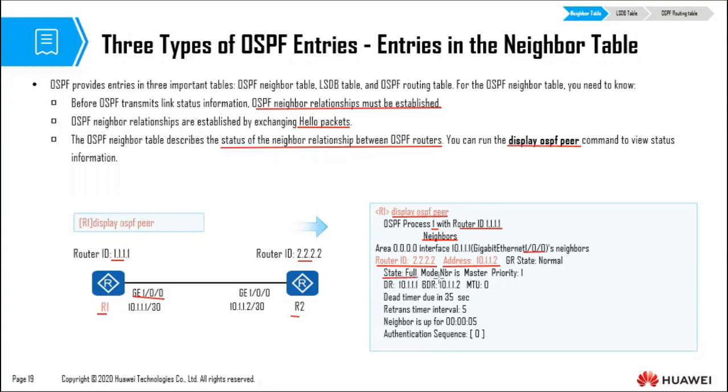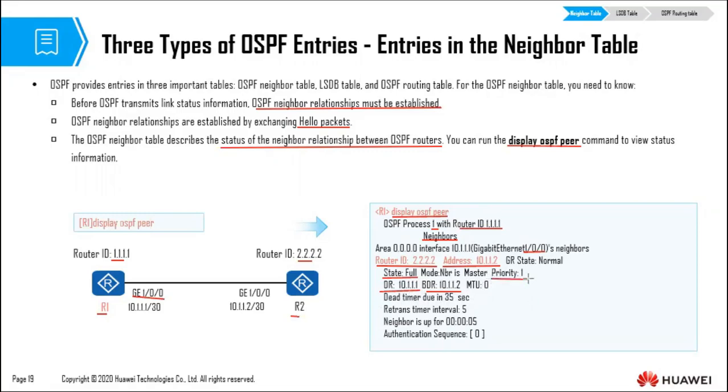Yeah, so one of the other things we're going to be looking at, for example, is the state. You can see that here the state is full, right? You can also see that we have what we call the DR here, and we also have the BDR. So who's the DR? 10.1.1.1. The BDR is 10.1.1.2. We're going to understand in a short while what that means. We can also see what we call the priority.